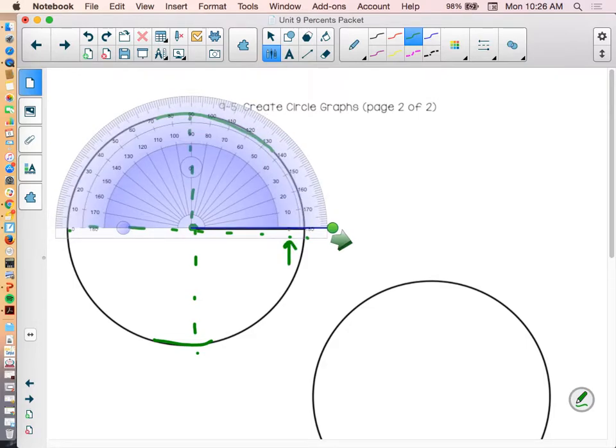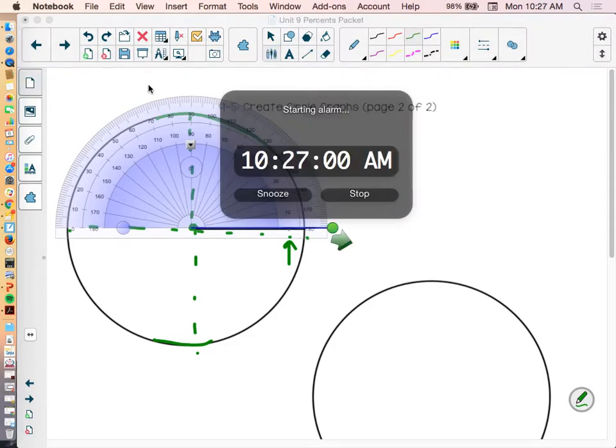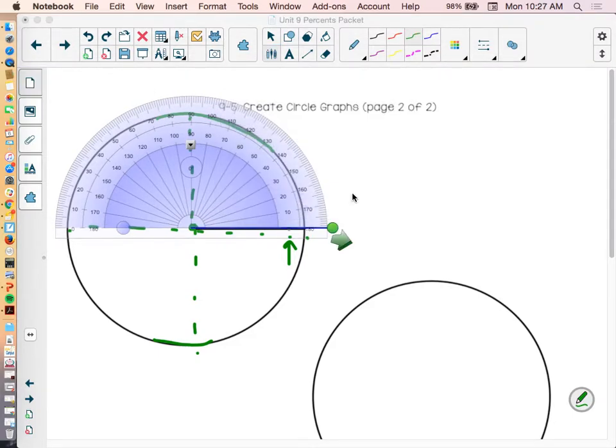It goes 0, 10, 20, 30, 40. You want to follow those numbers. There's 2 sets of numbers because you might have your protractor backwards. So don't follow the outside. If you follow the outside, you'll notice the numbers are going down. It says 180, 170. That won't work. You need to go up in number from here.